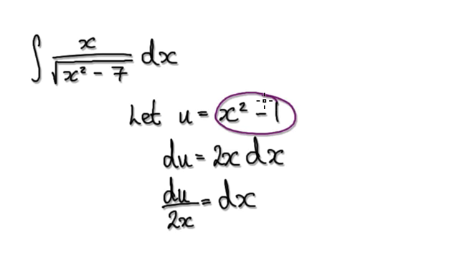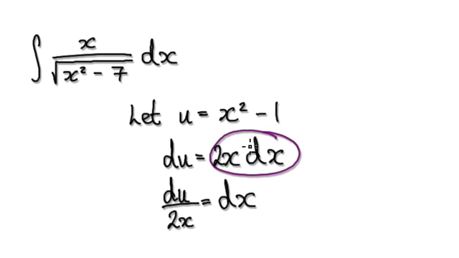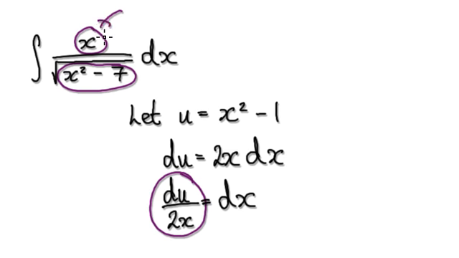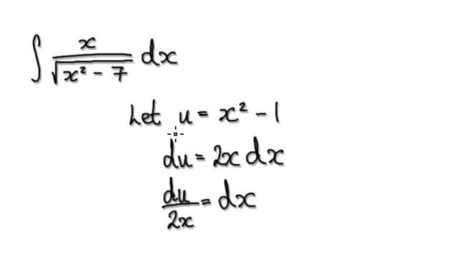Let u be this thing here. So if u equals this thing here, then du equals this thing here, and then divide both sides by 2x. So dx now equals this thing here. Here you've got a scenario where this thing here is the exact derivative of this, so use our normal substitution rather than trigonometric substitution.